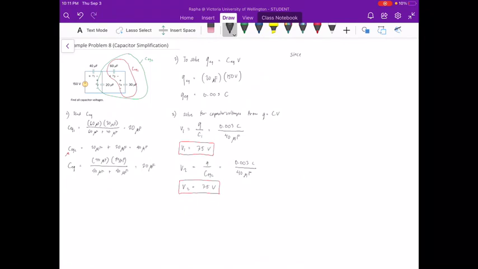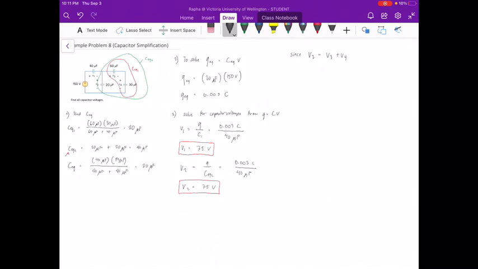We have to acknowledge that V2 is equal to the sum of V3 and V4.